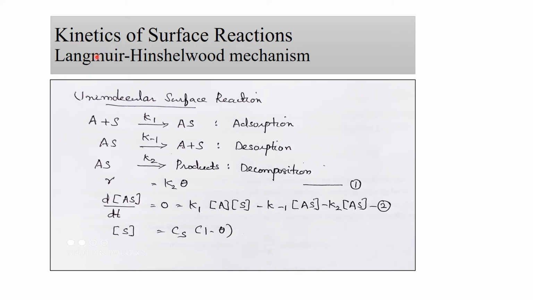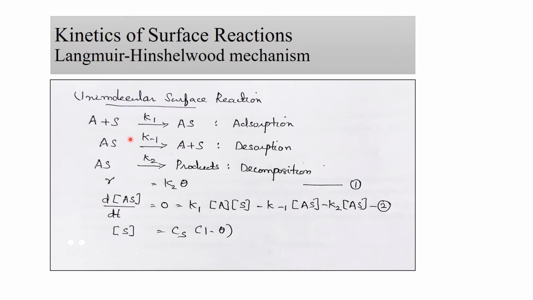Langmuir-Hinshelwood mechanism. First is unimolecular surface reaction. This involves chemical reaction between the reactant A and a vacant site S on the surface.